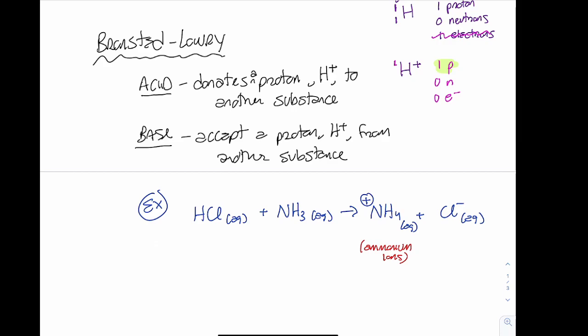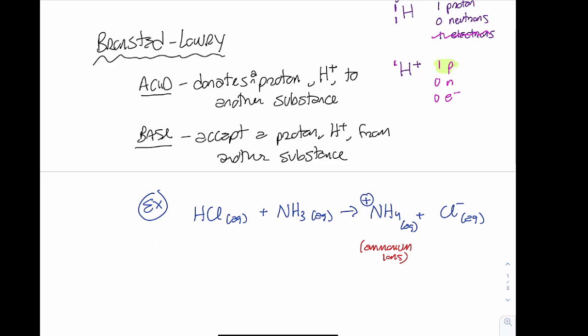So looking at these, the easiest way for me to determine if something's an acid or a base is to look at the products. If I look at the compound that contains chlorine here, it has a hydrogen attached to it. On the product side, the one that has the chlorine atom, chloride ions in this case, doesn't have a hydrogen.